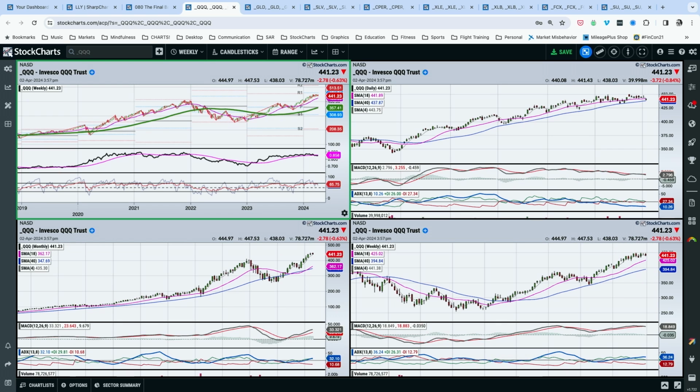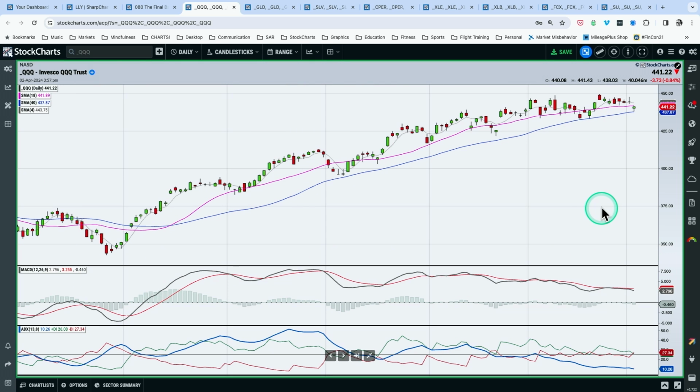But if we go up to the daily chart, the upper right, let's zoom in on this one. Notice what took place here. It was strong momentum. If you look at the ADX, it has been strong pretty much up until the start of March, when it started to fail at that 25 line, which I've got going across in gray.